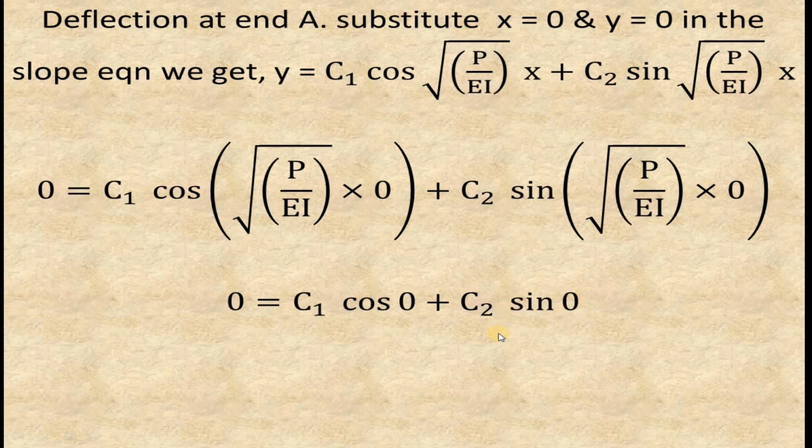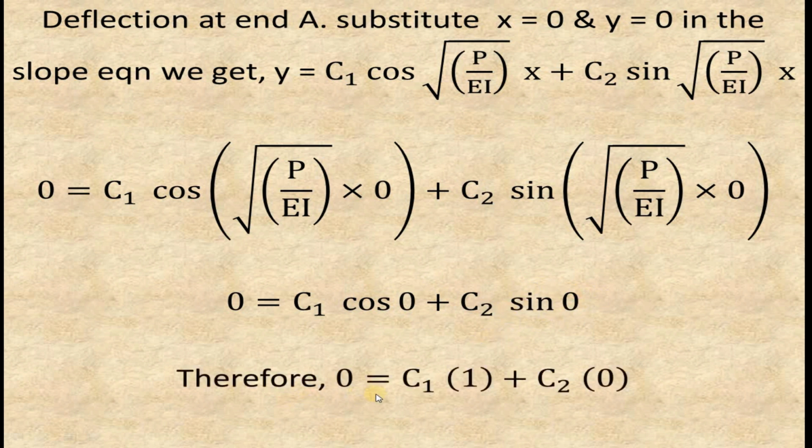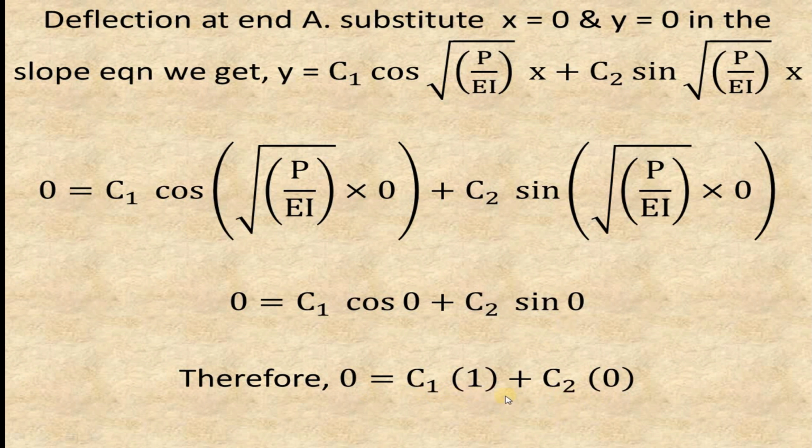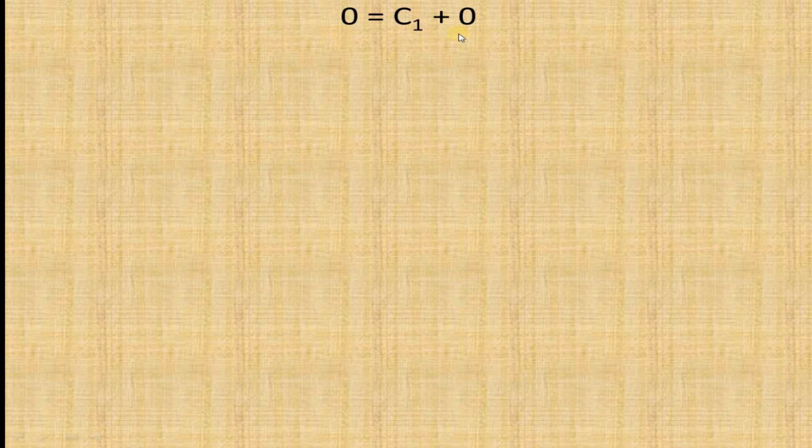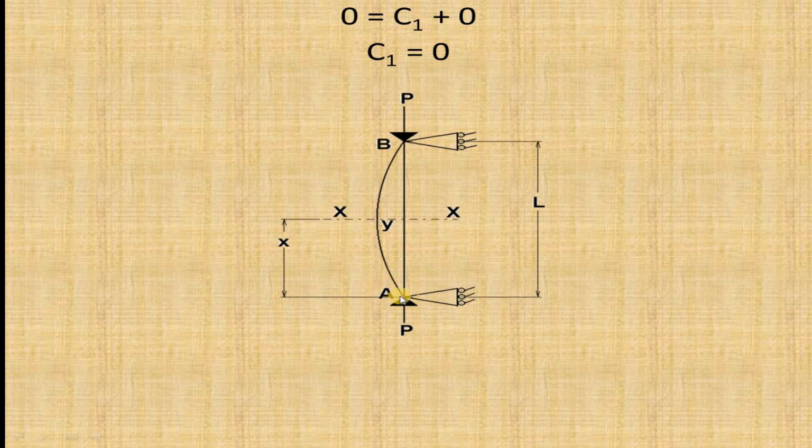So the next step will be 0 is equal to c1 into 1 plus c2 into 0. Here c1 into 1 is c1 and c2 into 0 is 0. So the next step will be 0 is equal to c1 plus 0. So here c1 plus 0 is c1. So the next step will be c1 is equal to 0, which means the value of c1 at end A is 0.